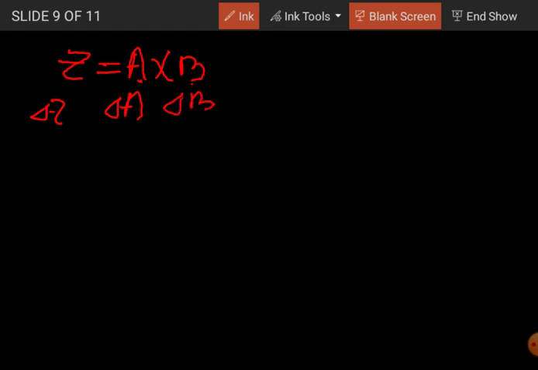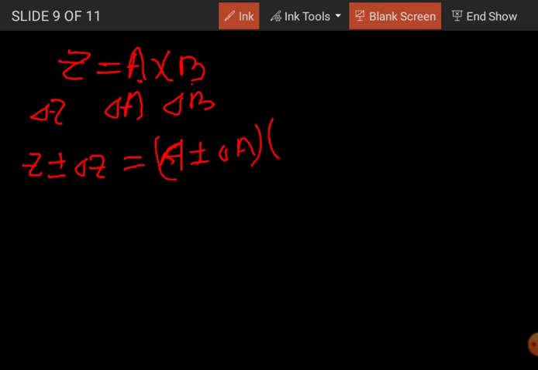So we can express this product as what? The measured value will surely lie in z plus minus delta z. This will be expressed as a plus minus delta a times b plus minus delta b. If you do the simplification, it will be equal to ab.